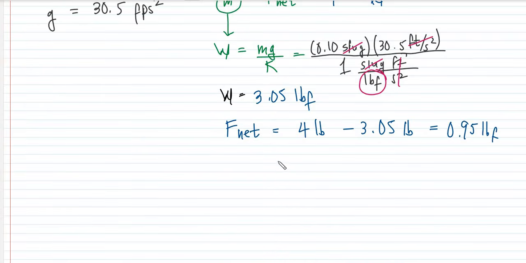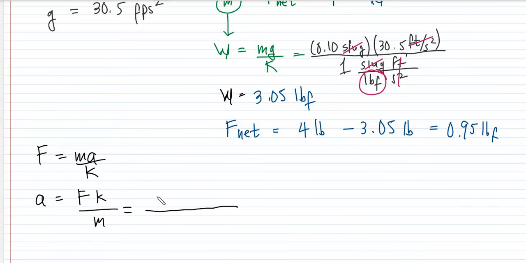So we apply Newton's law of acceleration, and we know that F is equal to ma. We can still use the k. So from this equation, a is equal to F times k over m. Our F here is the F net, do not forget.